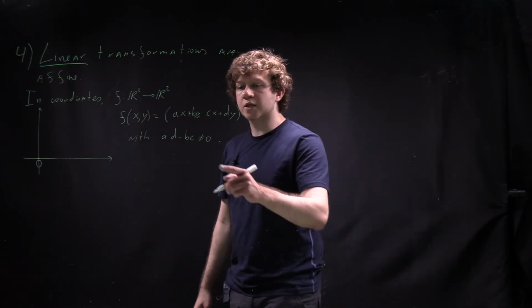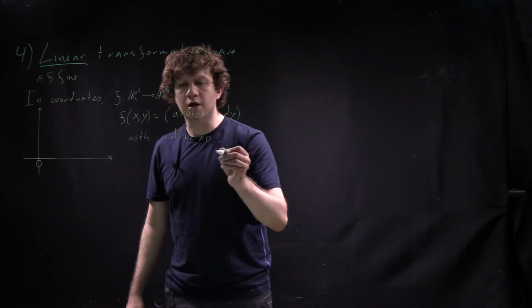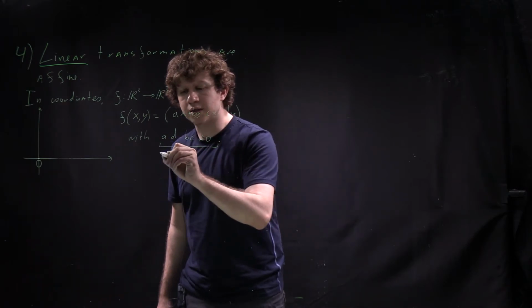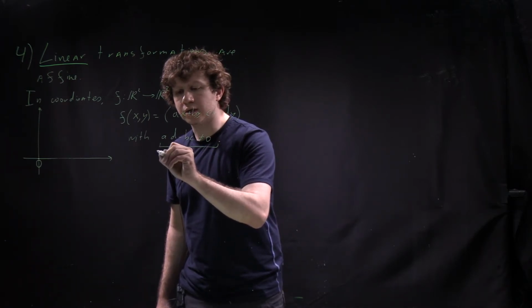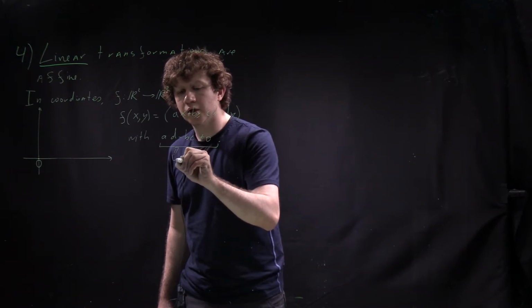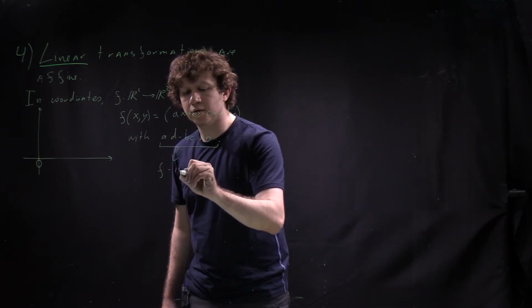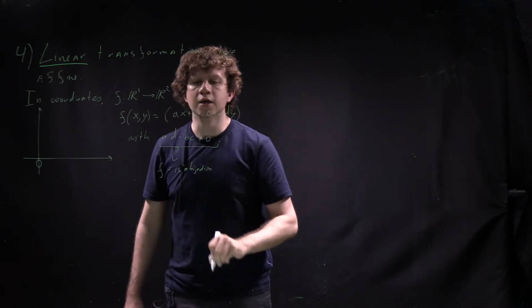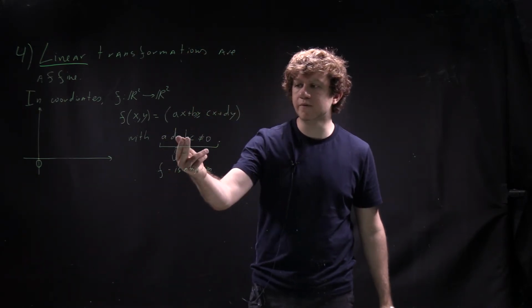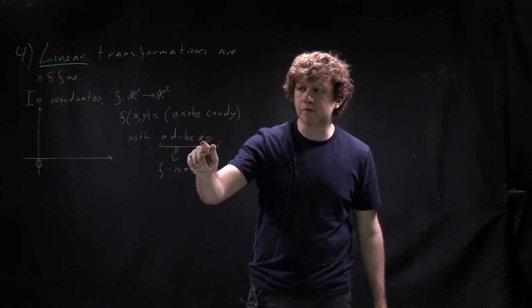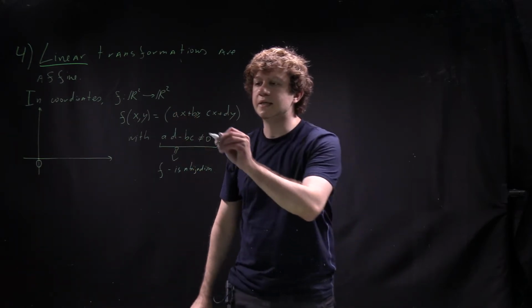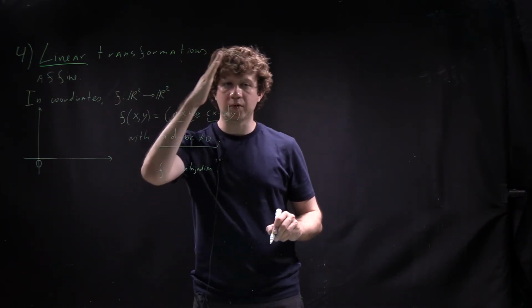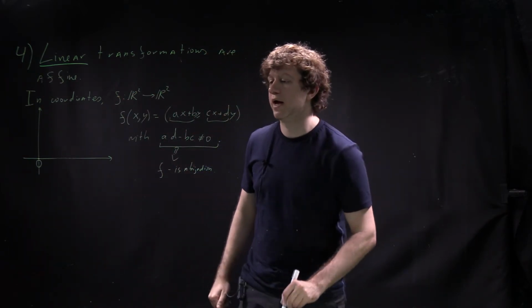One can ask where this condition comes from. This condition is equivalent to f being a bijection. One can easily check that. If ad minus bc is equal to 0, it basically means that these two things are always proportional, and so the whole plane will be going to one line.